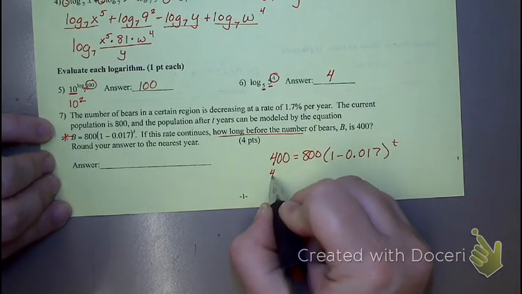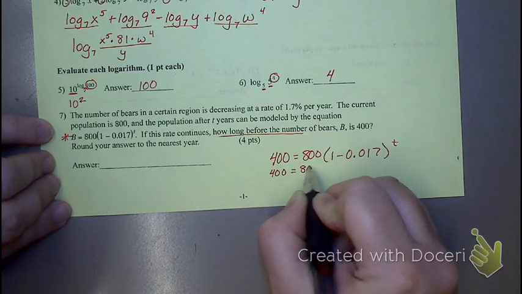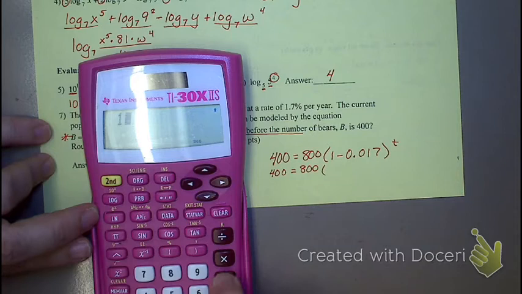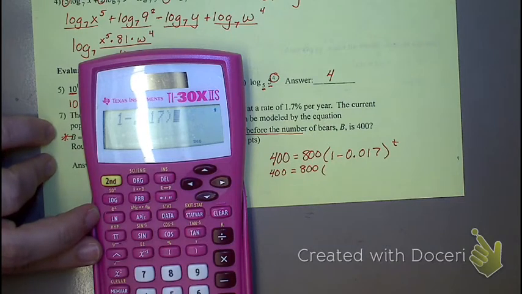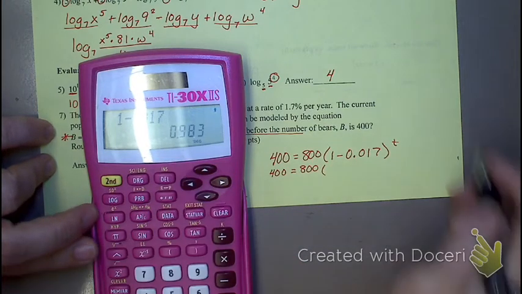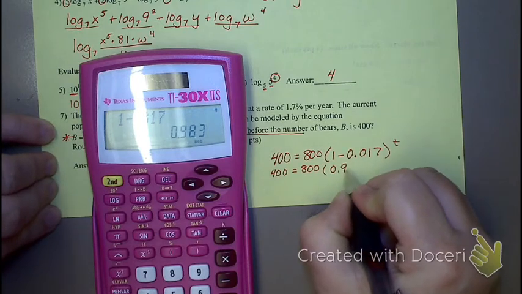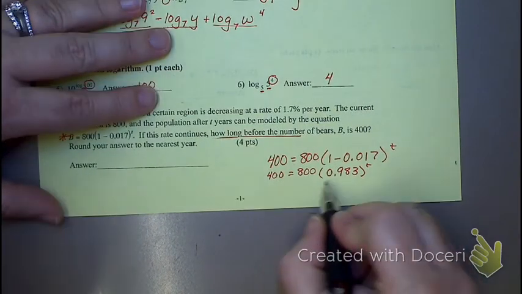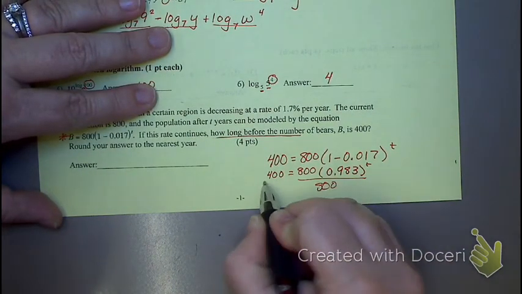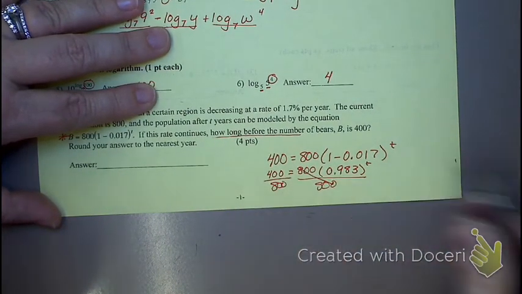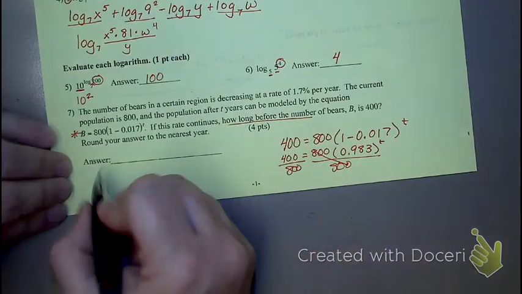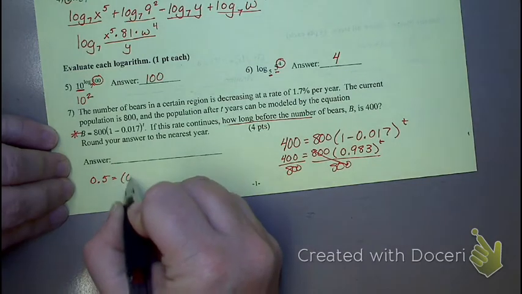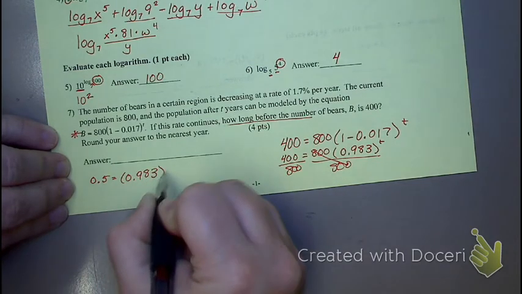Well, first thing I can do is I can actually do 1 minus 0.017, and I get 0.983 to the t. Now I can divide both sides by 800, and I get, let's see, I'm going to come over here so I have a little more room, 0.5 equals 0.983 to the t power.